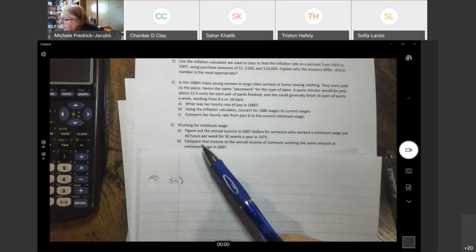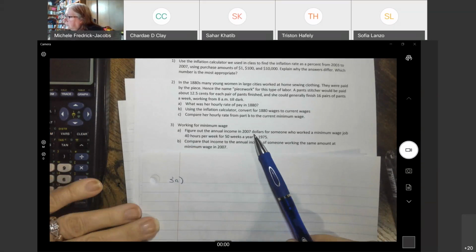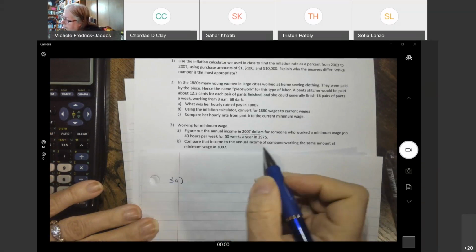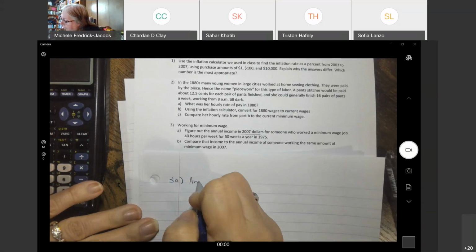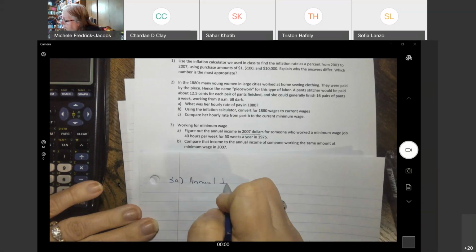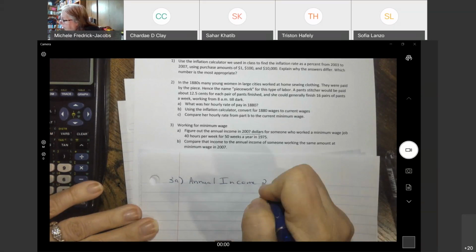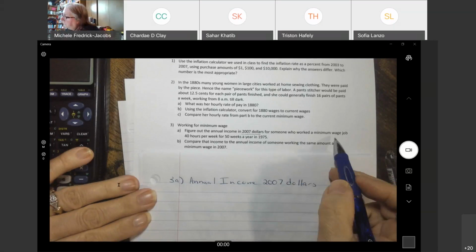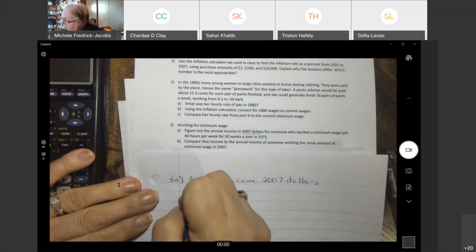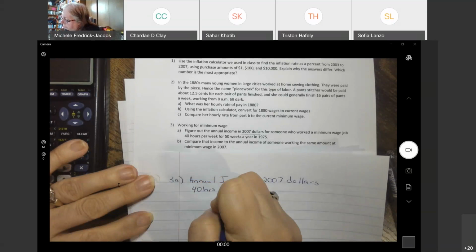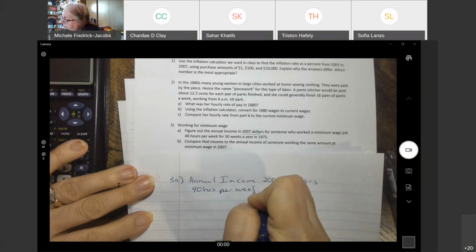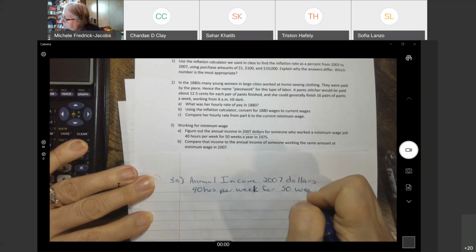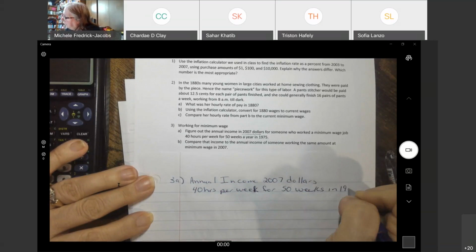Working for minimum wage. Figure out the annual income in 2007 dollars. So that's telling us to use the inflation calculator. For someone who worked a minimum wage job at 40 hours per week, or 50 weeks, in 1975.